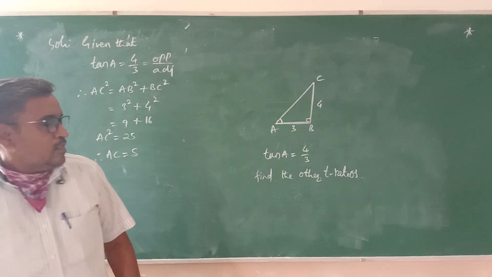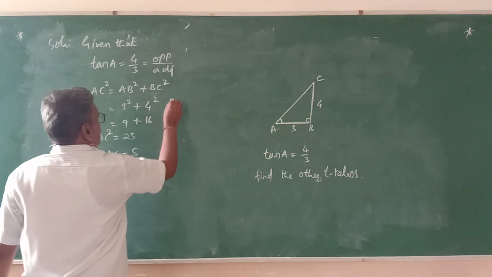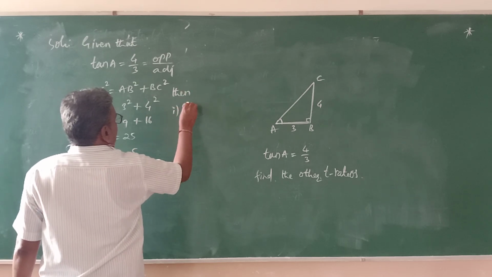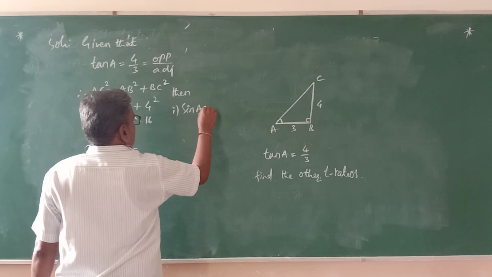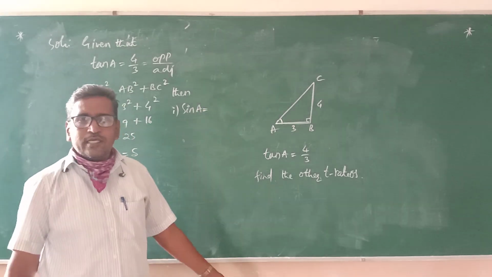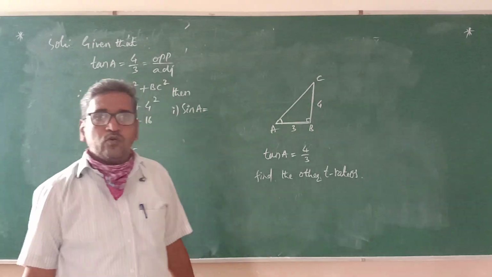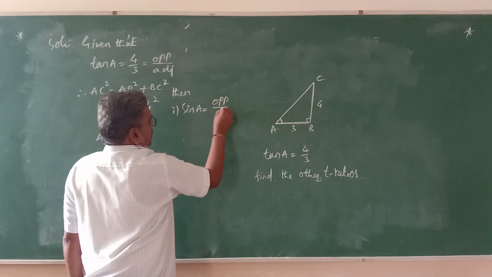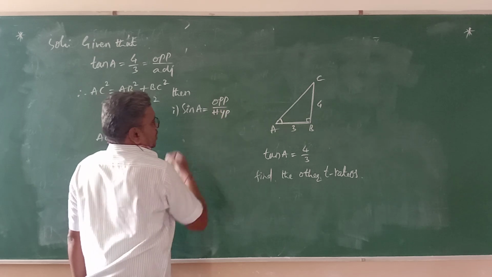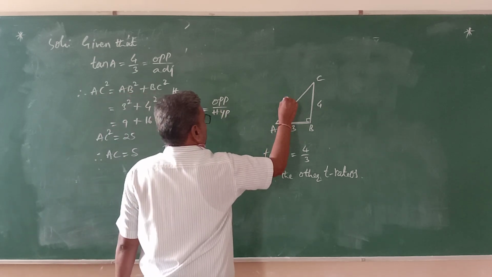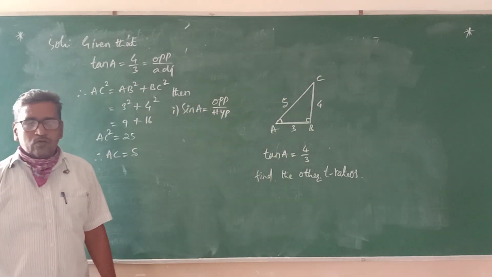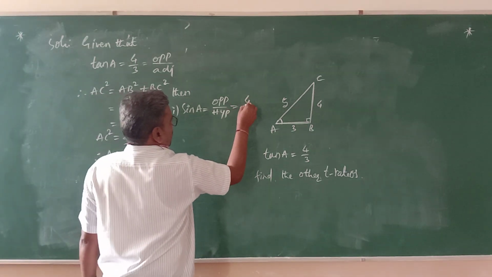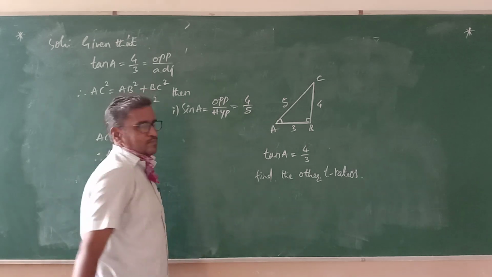One ratio is given, the other ratios we will find. Sin A is equal to opposite upon hypotenuse, with AC equal to 5. So sin A is 4/5.